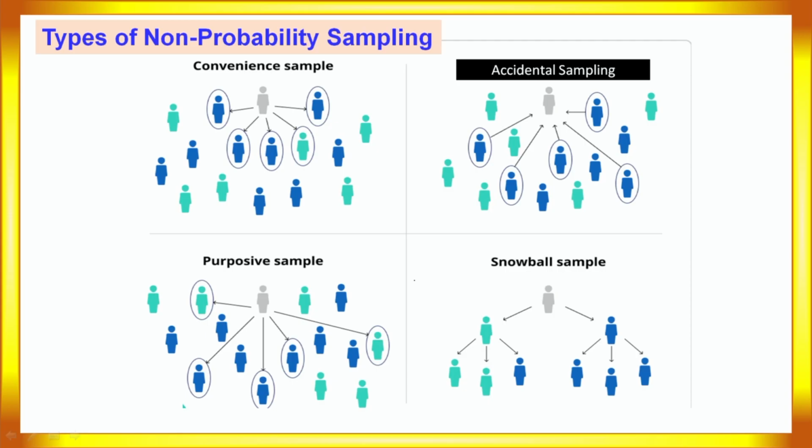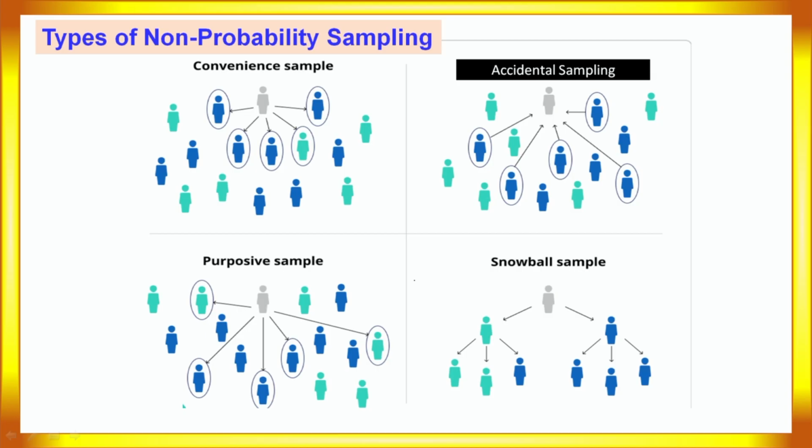If you take an example, a researcher may want to know the attitude of people or the satisfaction of visitors or tourists with the street food of Varanasi. For this purpose, a researcher may stand in front of the Baba Vishwanath temple of the BHU campus, and whoever visits on the day the researcher is collecting data, he may take them as a sample of his study. Those people were there in that place at that point, so they are selected as part of the study. This type of sampling we call accidental sampling.